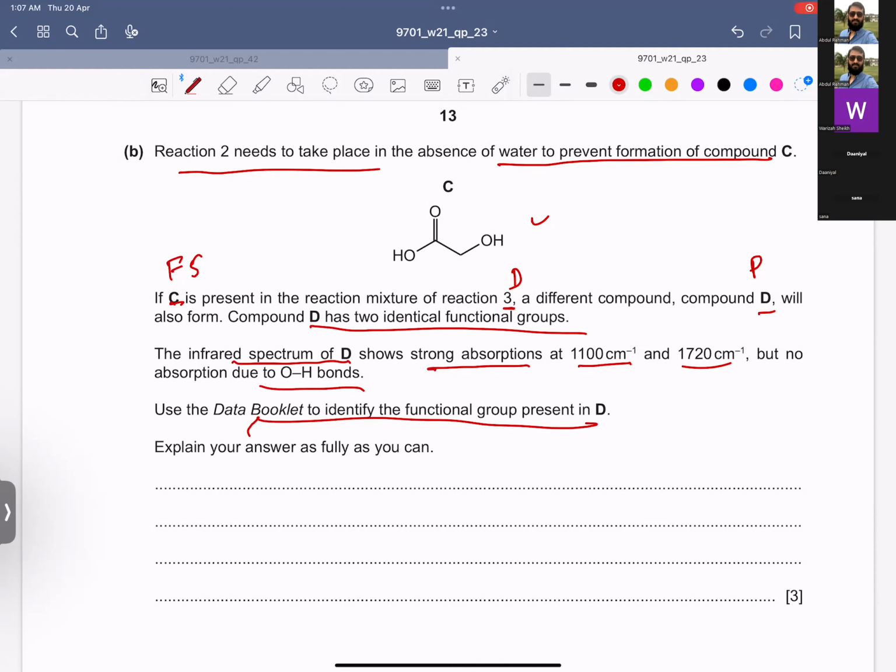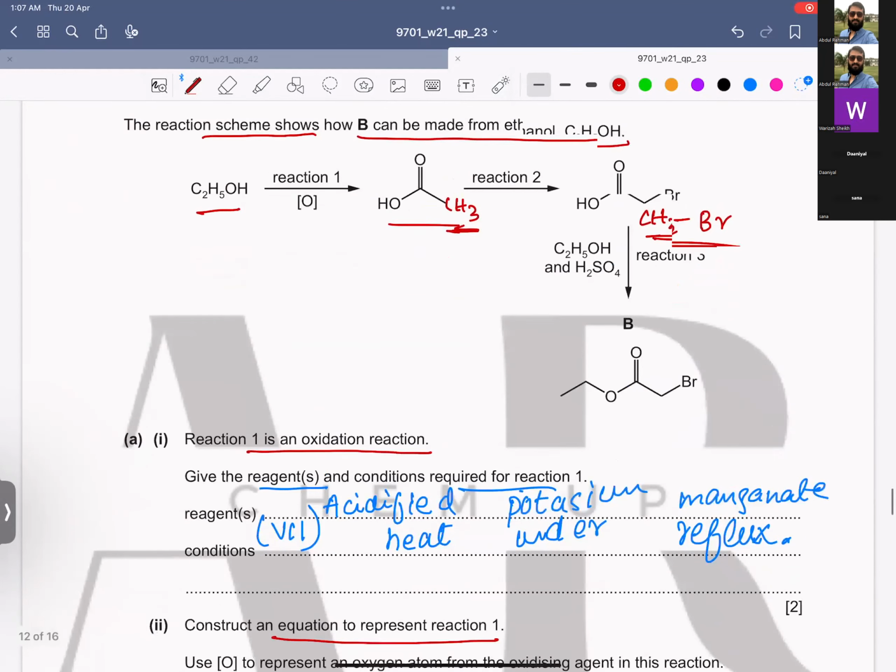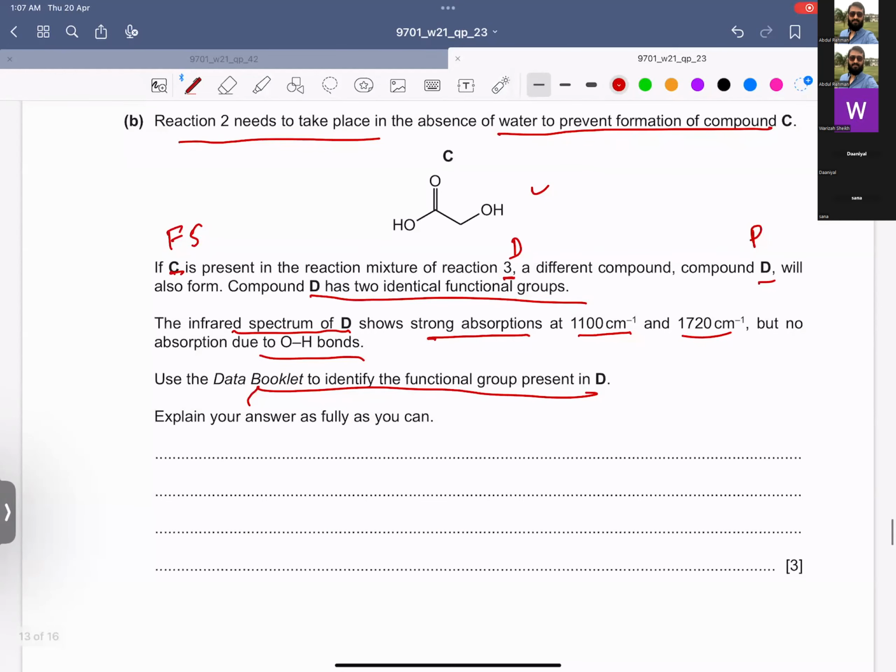So, okay, have a look over here. In reaction 3, we are getting an ester.